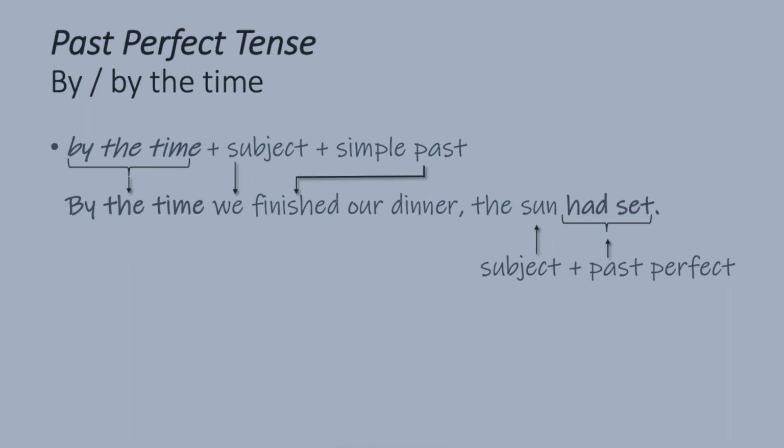So the subject of the first clause is we, and the verb is finished, which is in the simple past. The subject in the second clause is sun, and the verb is had set, which is in the past perfect. Therefore, the sun set first, and then we ate our dinner. Got it? Yeah, I'm sure you do. If you don't, ask me a question.